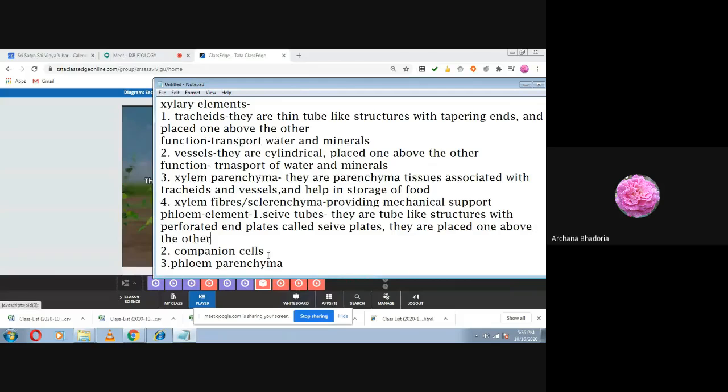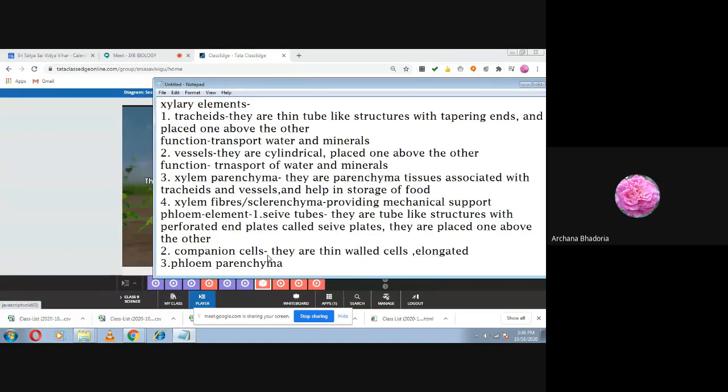Now the second element is the companion cells. They are elongated cells. Elongated means that they have a long structure, lengthwise they have more length.